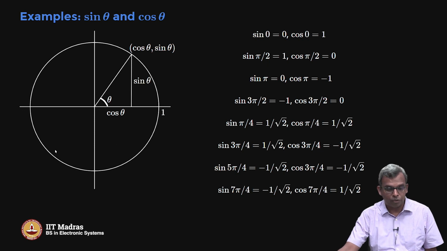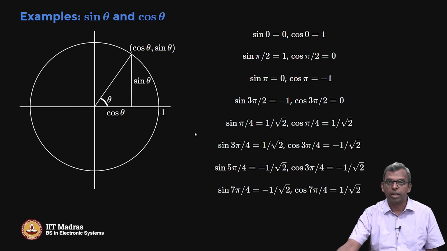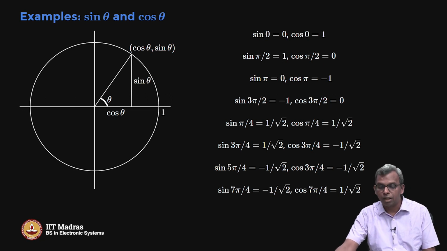And then if I go to 7 pi by 4, I see cos is 1 by root 2 positive and sin is minus 1 by root 2. Okay. So you see how the values of these sines and cos can be derived in some cases, at least 0, pi by 4, pi by 2, pi, 3 pi by 4, all these are very, very easy to find. Once again, very standard. If you want, you can convert it to degrees and quickly see how. And I hope you see how these signs work out.